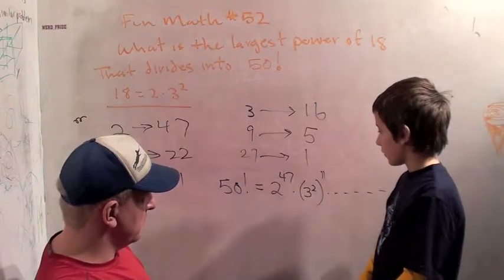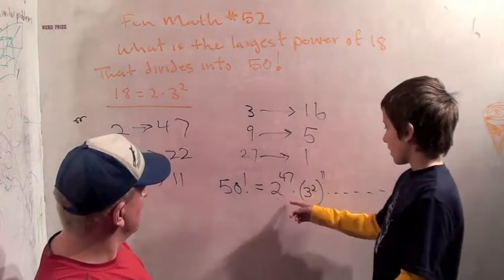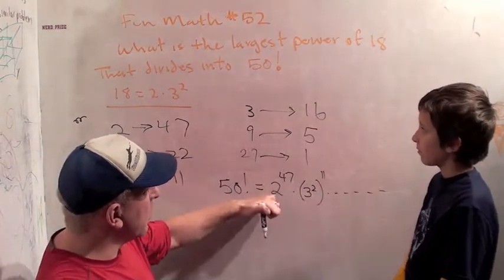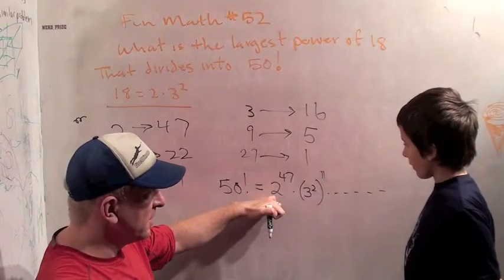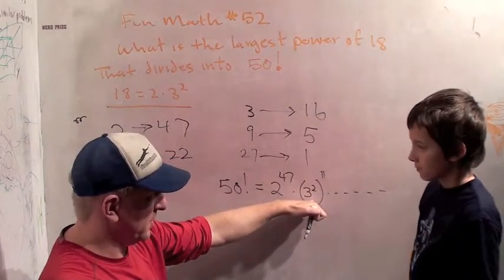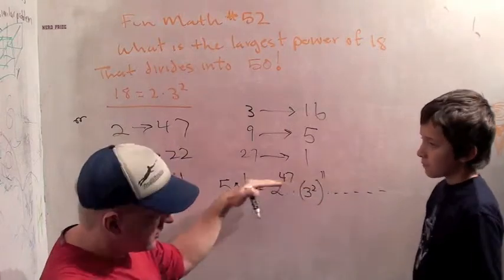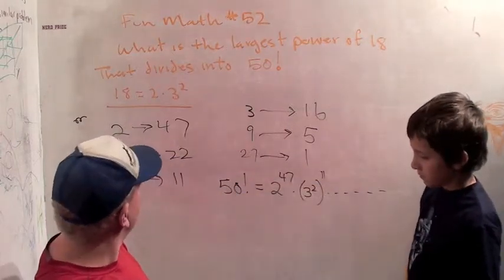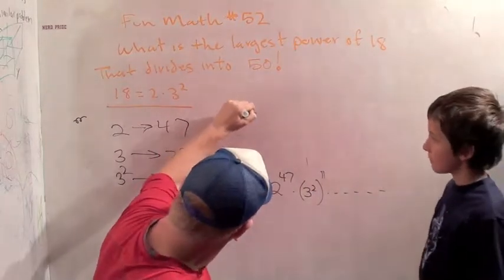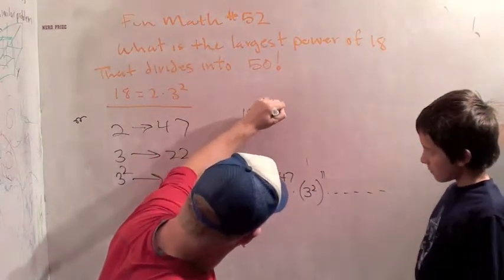We can make 11. We don't run out of 2's, but we run out of 3 squareds. Whatever's smaller is the one you run out of first. So in other words, 18 to the 11th divides into 50 factorial.